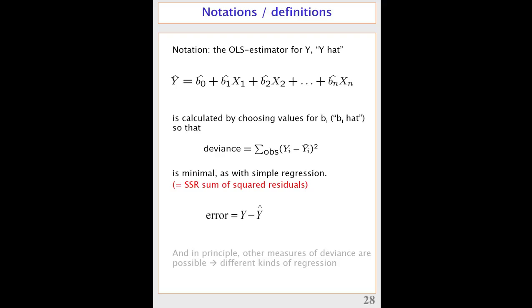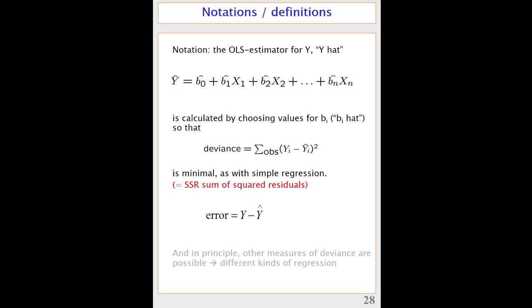Okay, let's see. One more thing to show in terms of notation. These hats above the coefficients usually denote predicted values. So the B0s are when we do not know them yet. When we have estimated them using data, then we call them B0 hat, B1 hat, and so on. And if I actually calculate a prediction for each and every case of my data, that will give me a predicted y hat.